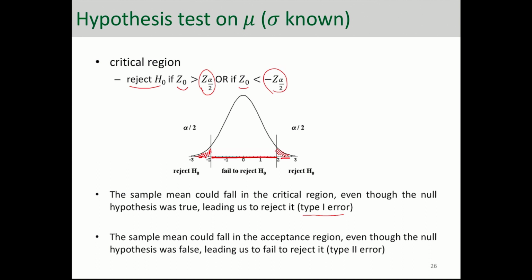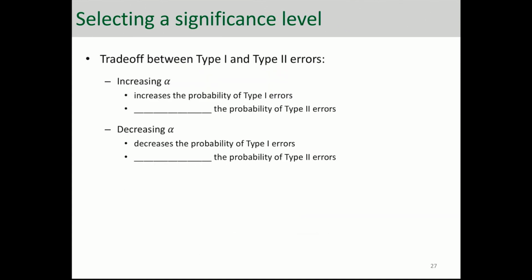So these are type 1 and type 2 error, but what we want to do is minimize these two types of error. We'll talk about them, but one thing that is obvious is the trade-off between type 1 error and type 2 error.